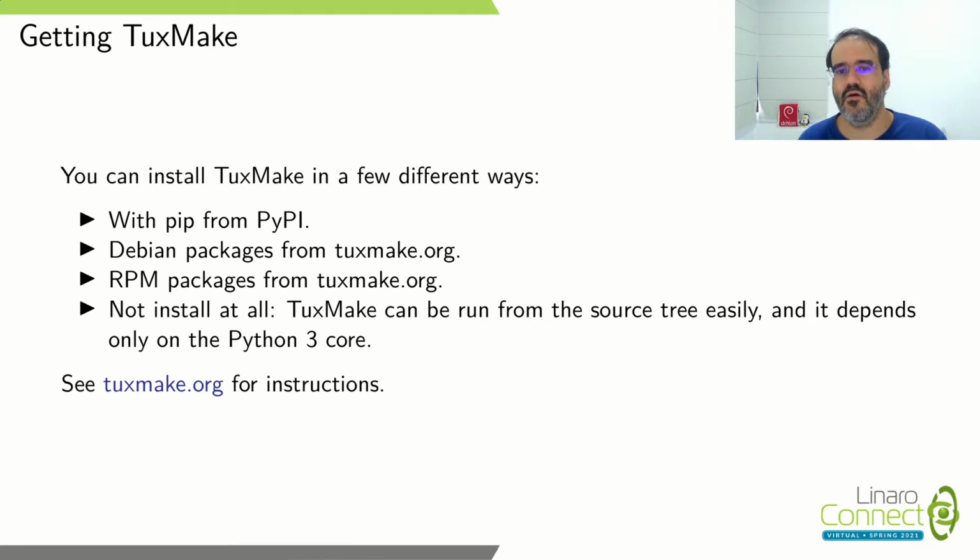You can very easily run TuxMake from the source directory, and it only depends on the Python 3 core, so you don't even need any extra dependencies beyond the Python interpreter. Specific instructions for each of these types of installations are provided on TuxMake.org, and you can check it out for more information.